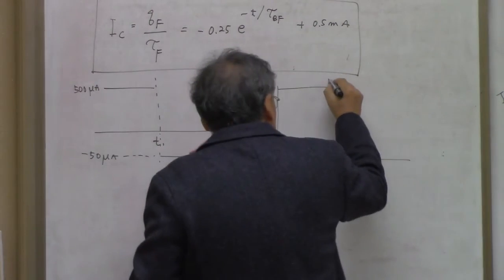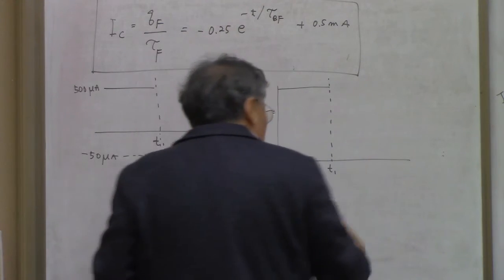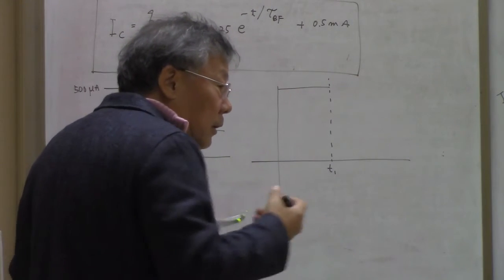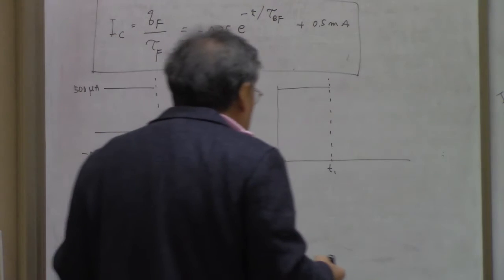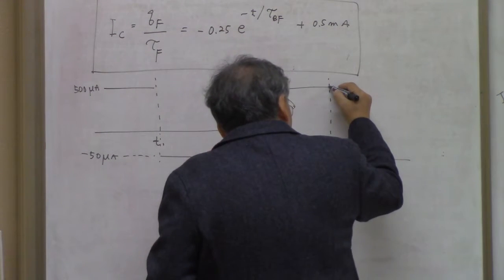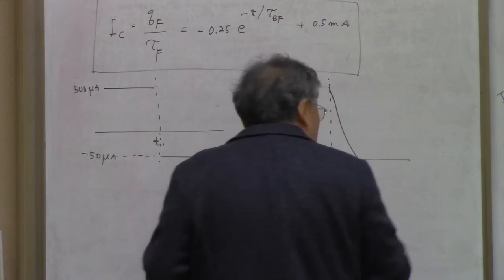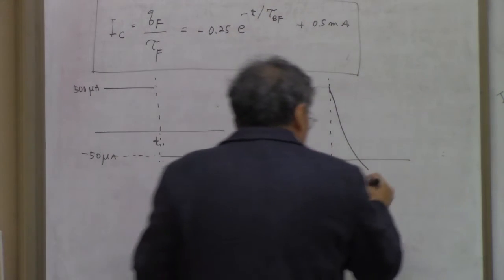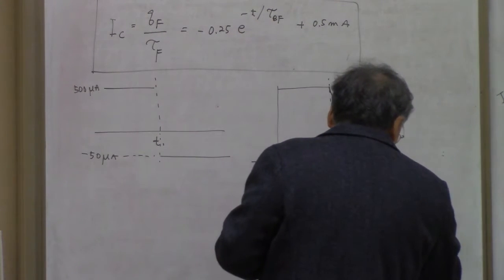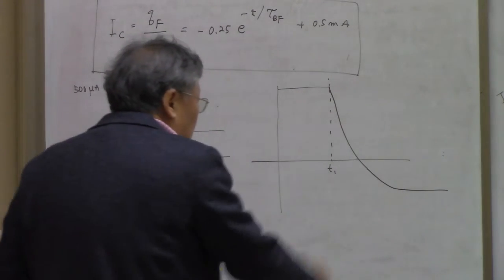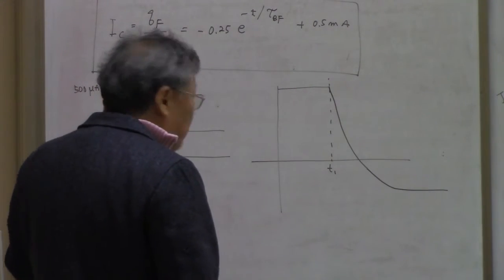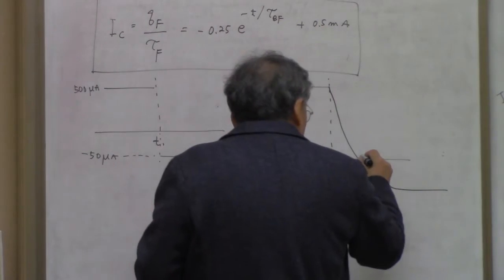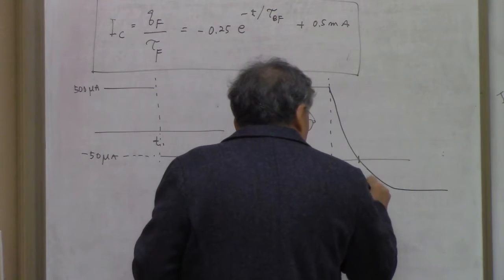And then at a time t1 here, if you change the polarities, take out the charges on the base, then the current is going to decay to a certain curve, and then you finally reach the steady state, with a steady state current at minus 550 microamps.